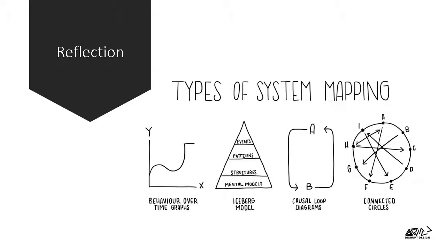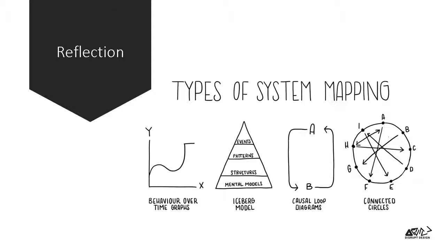Okay, so we get to the reflection part, and this is going to be important because this is something we expect you to include in your group assignment as part of the systems formulation of your community intervention group and their context, and also how you arrived at your specific intervention.